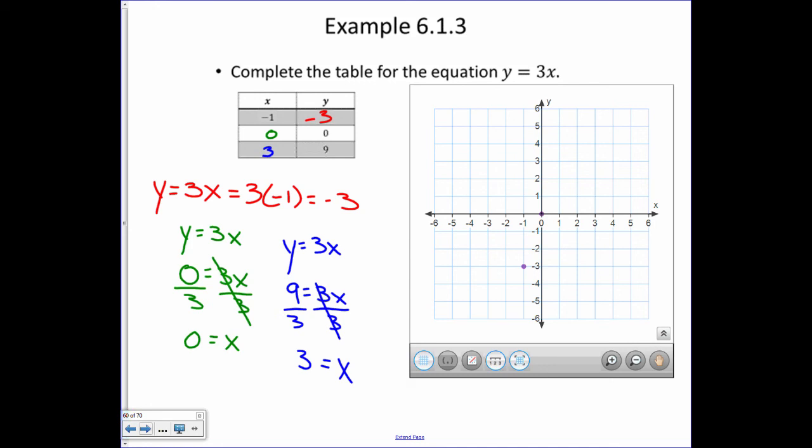And now, the points that represent solutions to a particular equation, if you line them all up, you get a straight line. A linear equation, if you graph it, is just going to give you a straight line. And this is what we're going to practice in the next section.